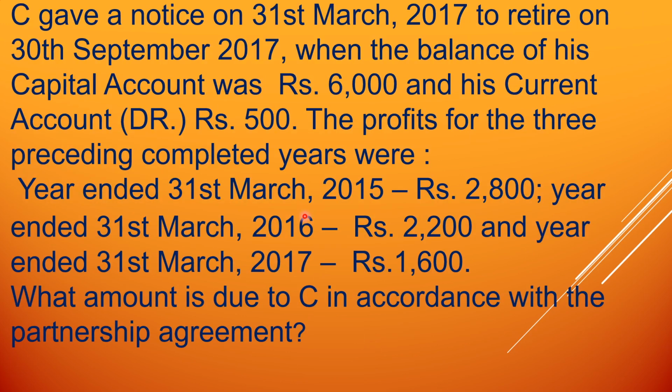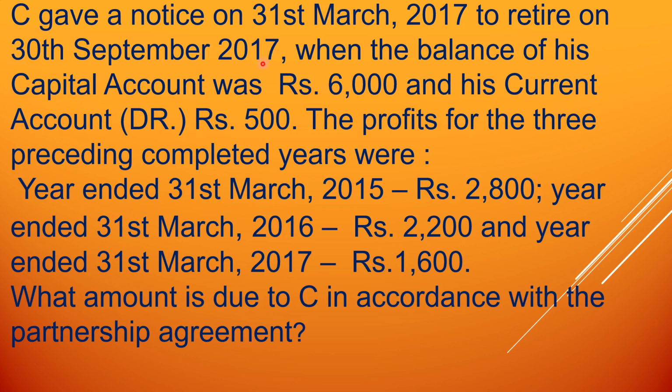Now among C and D, C gave a notice on 31st March 2017. This date is very important. He gave notice on 31st March 2017 to retire on 30 September 2017, so 6 months' earlier notice is given.